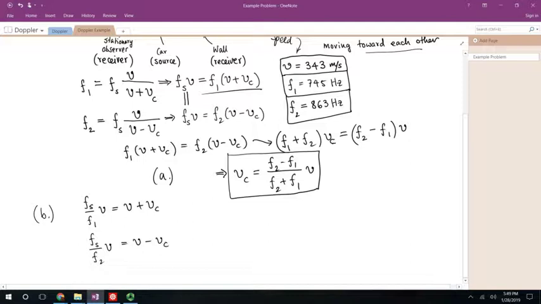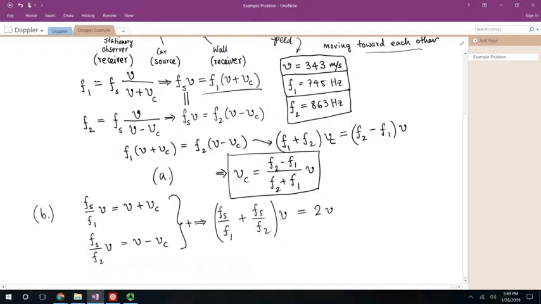And note that now if I just add the two equations together, I get (Fs over F1 plus Fs over F2), both multiplied by V, is equal to 2 times V. And how did I do that? Well, if I look at just the right-hand sides, positive Vc and negative Vc cancel with each other. V plus V is 2V. And on the other side, I just factored out the V, and that's how I got this result.